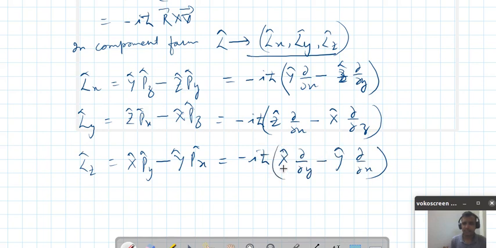So these are the different components of the angular momentum operator.